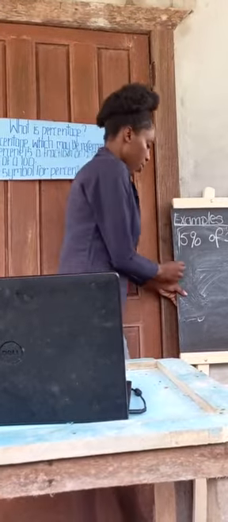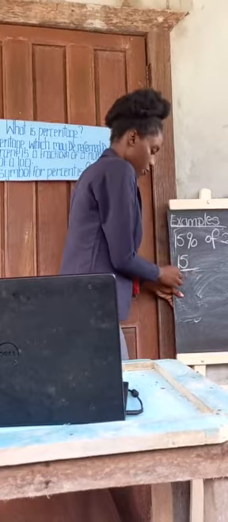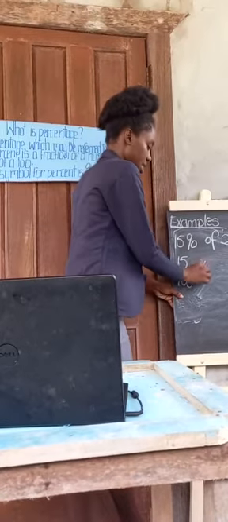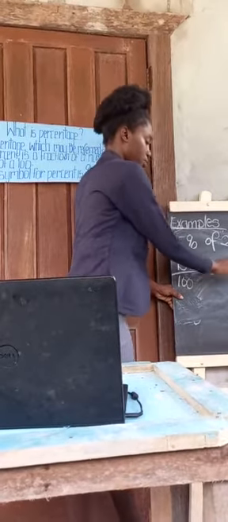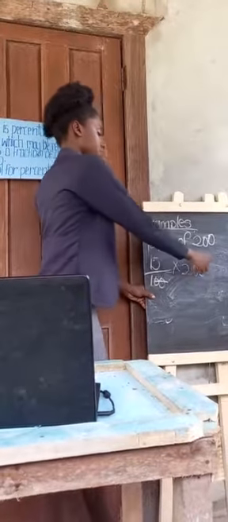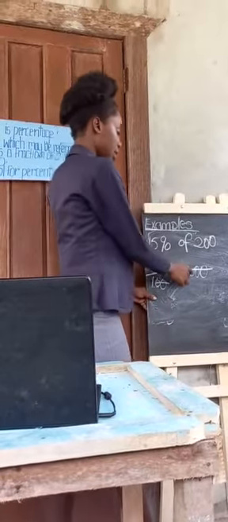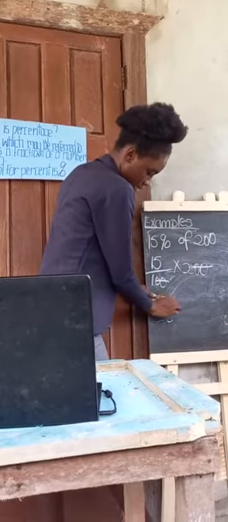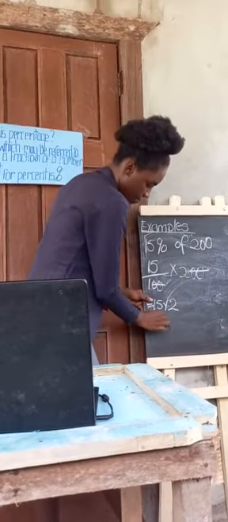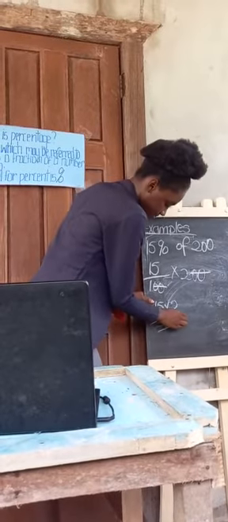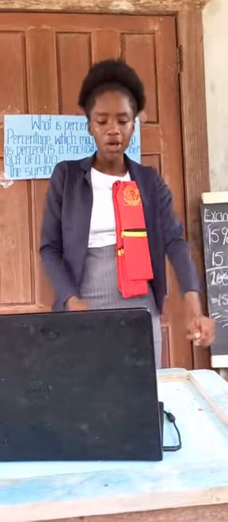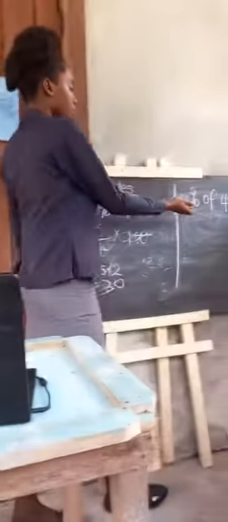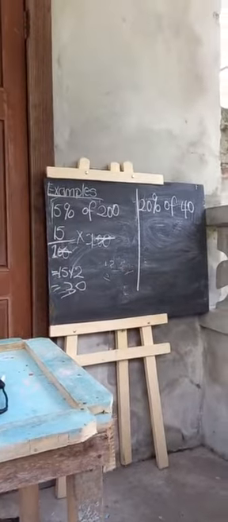Yes, we put our 15% over 100 times 200. Right? So we take out this zero with this zero. And then 15 times 2, we're going to have 30. Okay, Jeff. What did you do for 20% of 40?